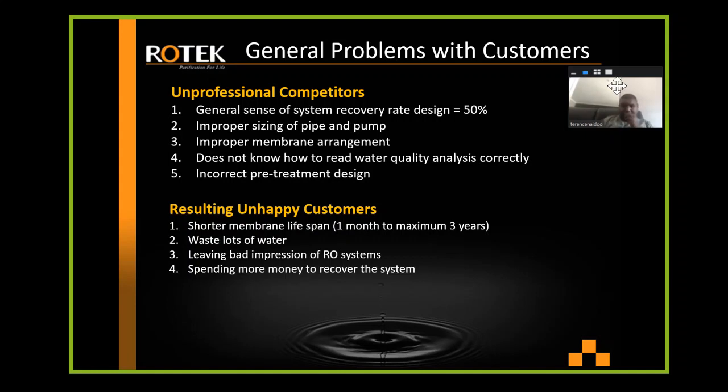So this is another issue during the design process that unprofessional competitors can have. Improper membrane arrangements, different stages. Why should we have different stages? I will explain that later.